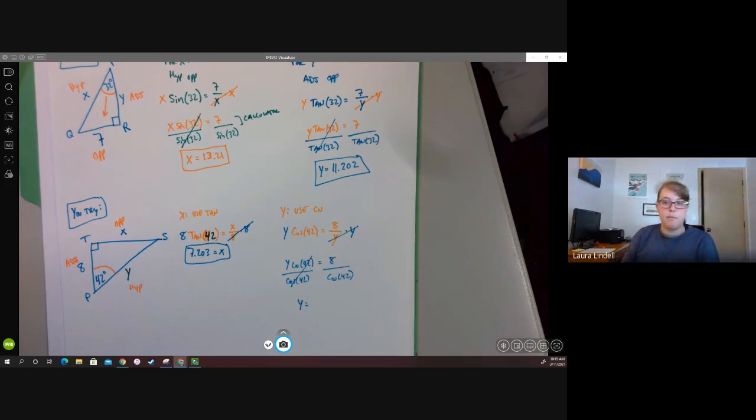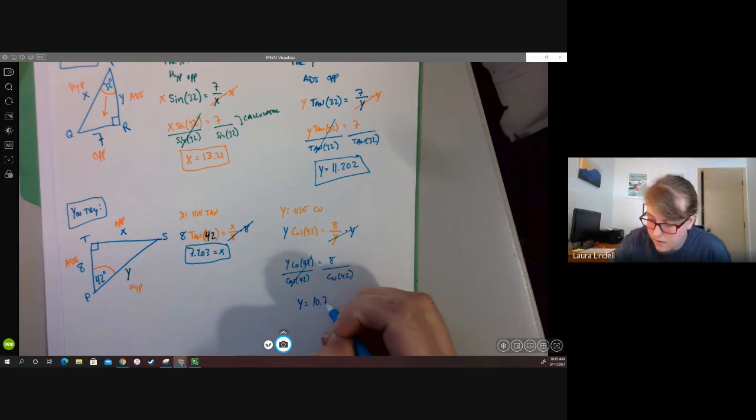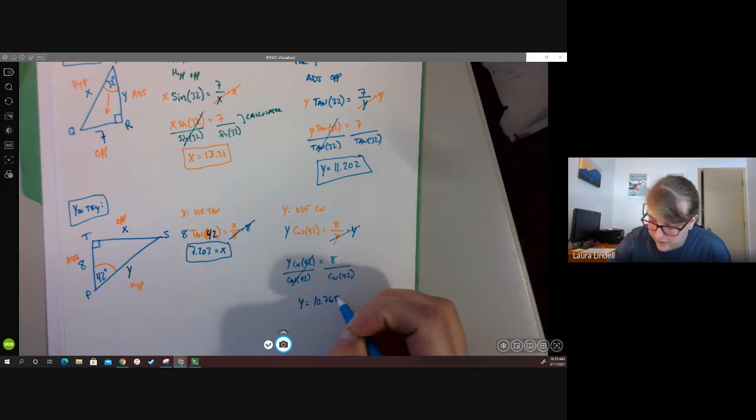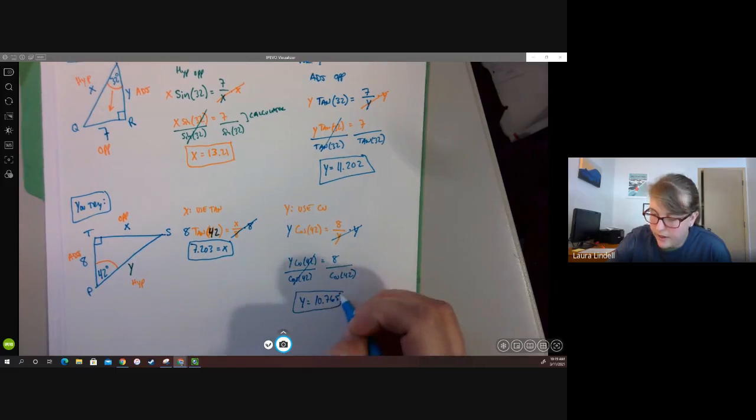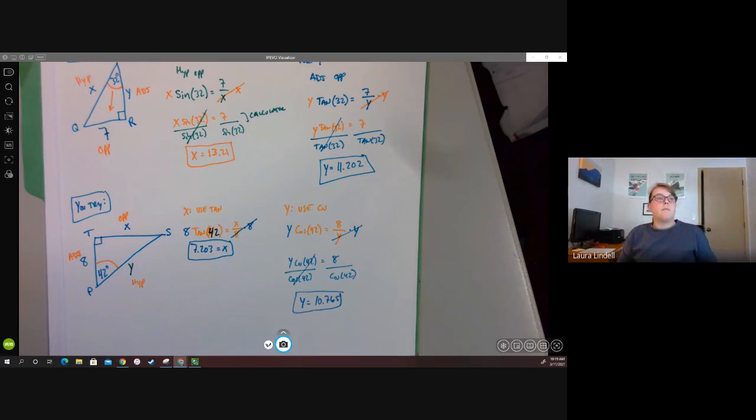And then what you have to type into the calculator is 8 divided by cosine 42. So if you got 10.765, you are correct.